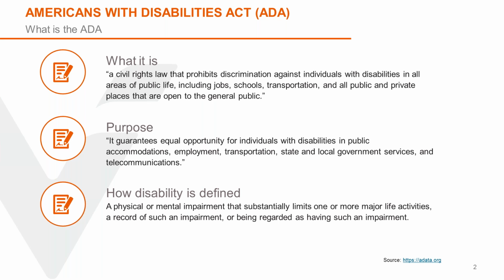But when you look at the definition of a disability, and while the Act was done before the internet really was formed, the definition of a disability is really what's important here.